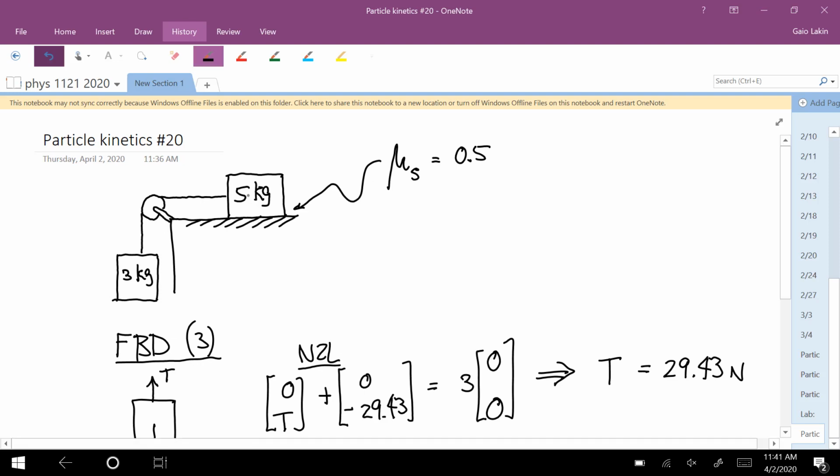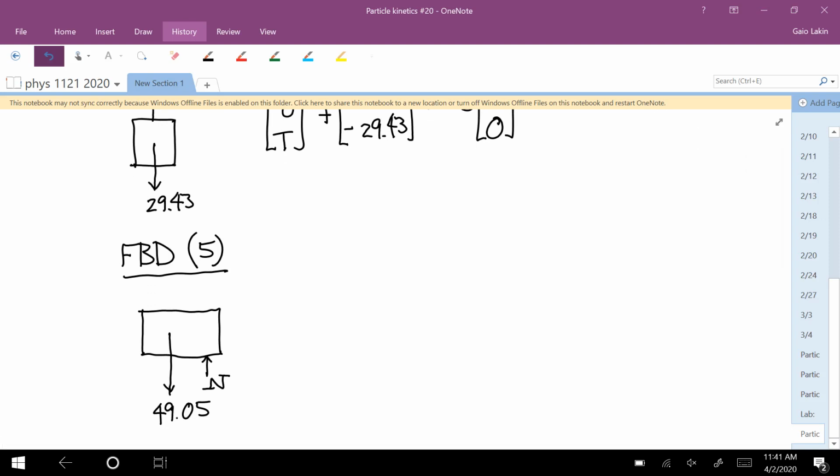If there was no friction, the 5 kilogram box would accelerate to the left, so we know this friction force is going to the right. That's the thought process for static friction. Remember, that's different from the thought process for kinetic friction, if we were talking about this already sliding. In that case, it would just be opposite the velocity vector. But for static friction, the direction of the friction force is opposite the acceleration that would occur with no friction.